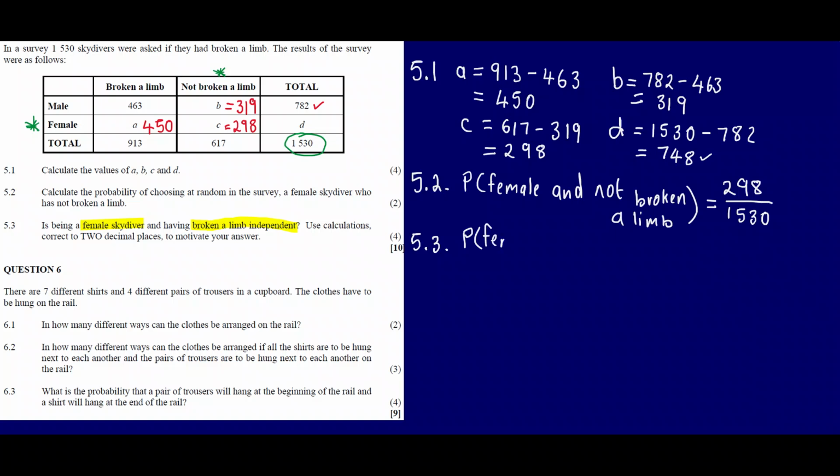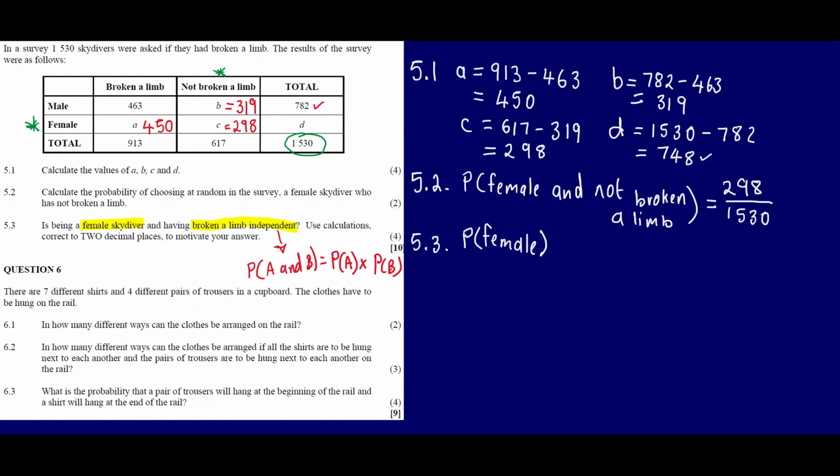We should notice that for independent events, the probability of the intersection is supposed to be the product of the probabilities. So this is what we're trying to test.